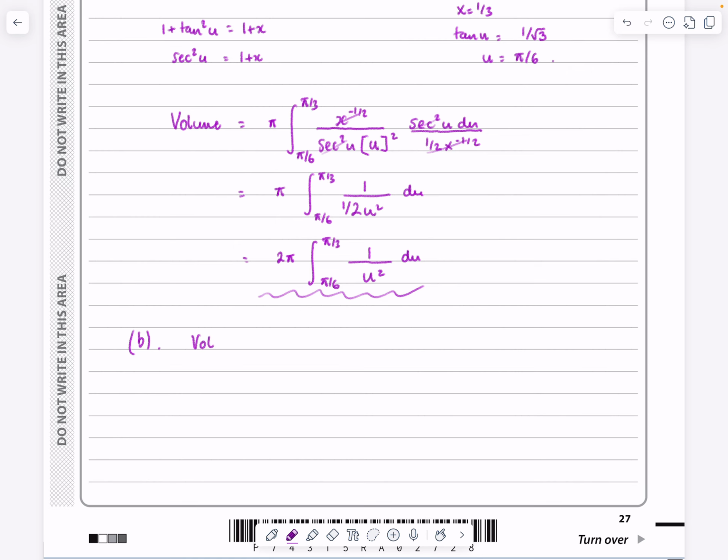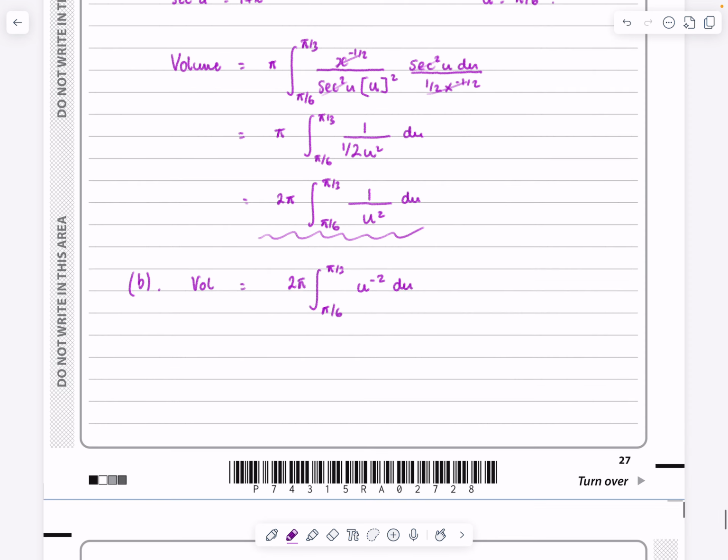So the volume is equal to 2 pi, integral between pi over 3 and pi over 6, of u to the minus 2 du. So add 1 onto the power, divide by the new power. That becomes minus u to the minus 1, times 2 pi, between pi over 3 and pi over 6.